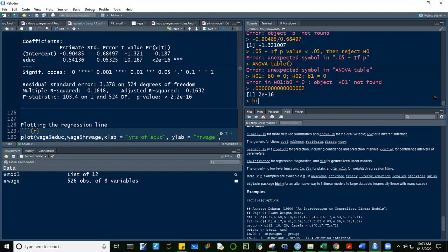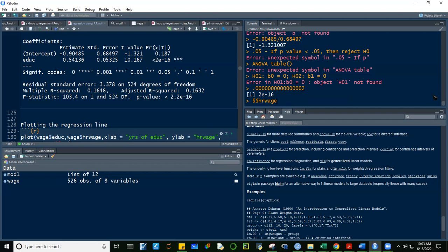Our model now will be hourly wage. Okay. I can write it here. So that's why yung model natin.